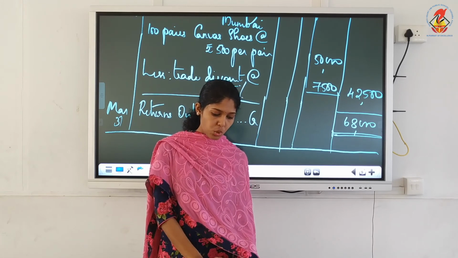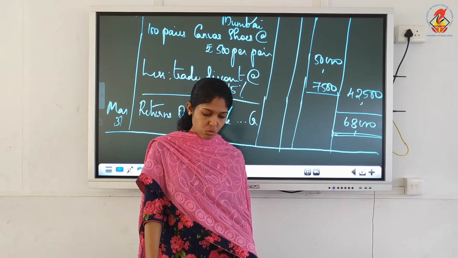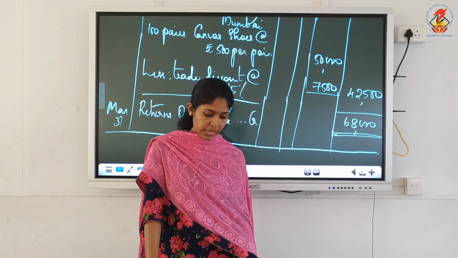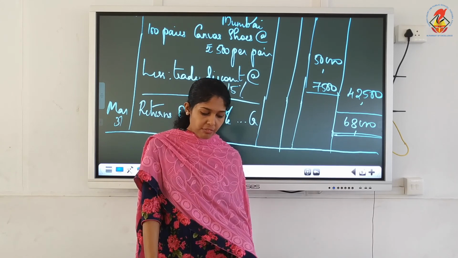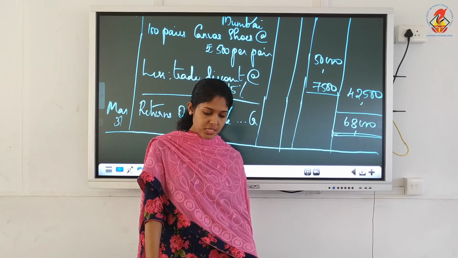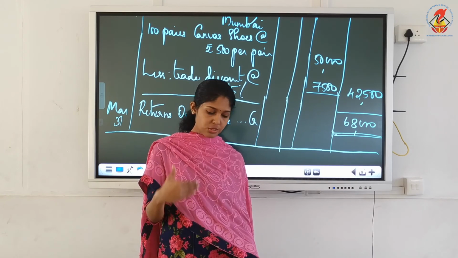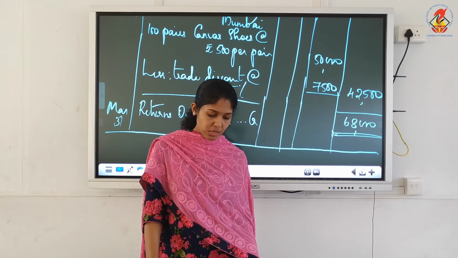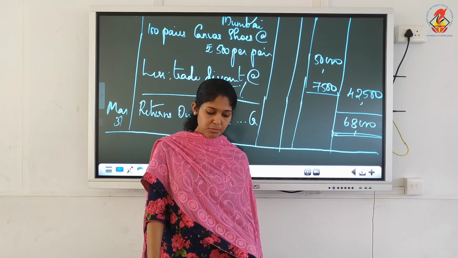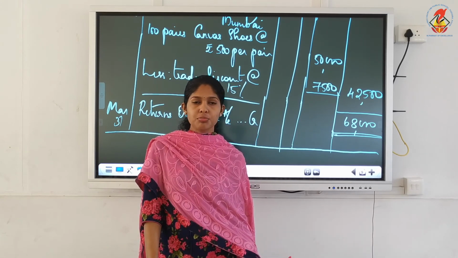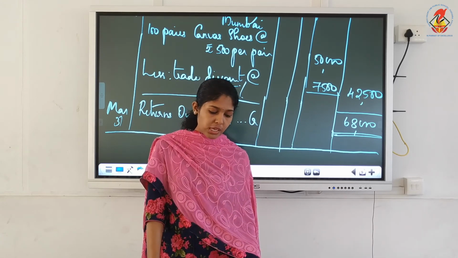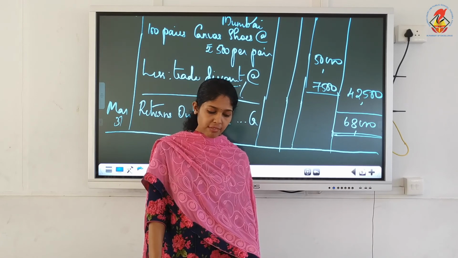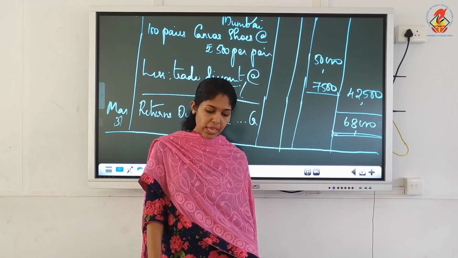Similarly, you have a practical problem, that is question number 18, where they have written purchases and sales, that is purchased goods and sold goods, purchase transactions, and similarly you have items sold. For the same question, they have asked you to prepare purchases book and sales book.